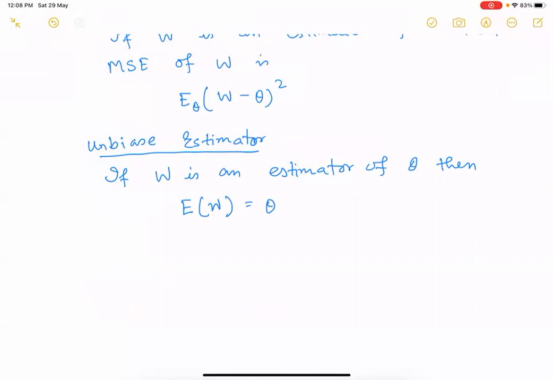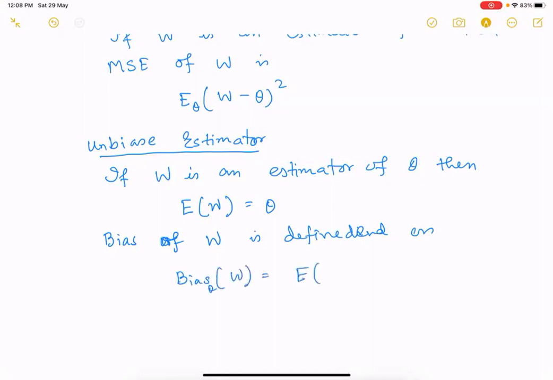And then bias of W is defined as, you can say, bias of W with respect to theta is the expected value of W minus theta.